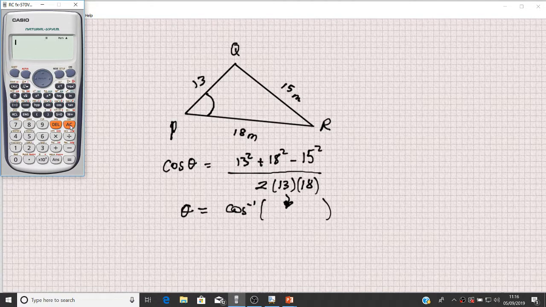So we have cosine inverse, shift cosine, and on the top we have 13 squared plus 18 squared minus 15 squared over 2 times 13, so 2 times 13 times 18. And just close the brackets. So we get the angle. Oh, that's very strange.